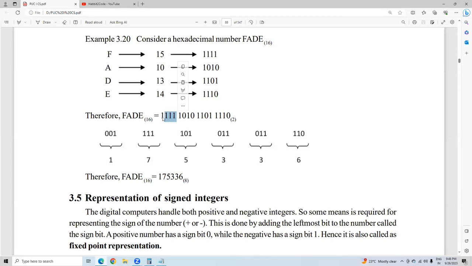Only one digit is left out, no? To make it a 3 digit group, add 2 zeros, no problem. Then you find out the octal number of each and every group. After that, FADE base 16 equals 175,336 octal base 8, right?